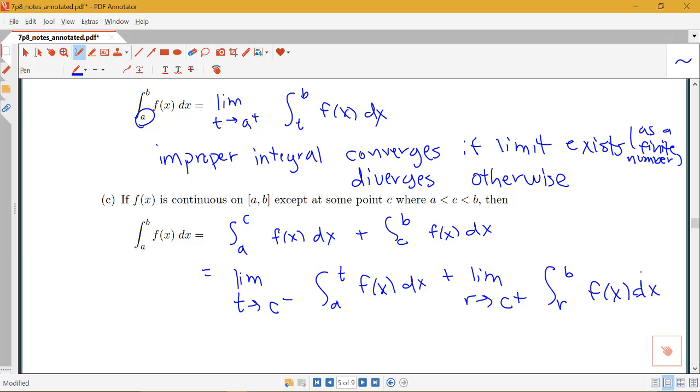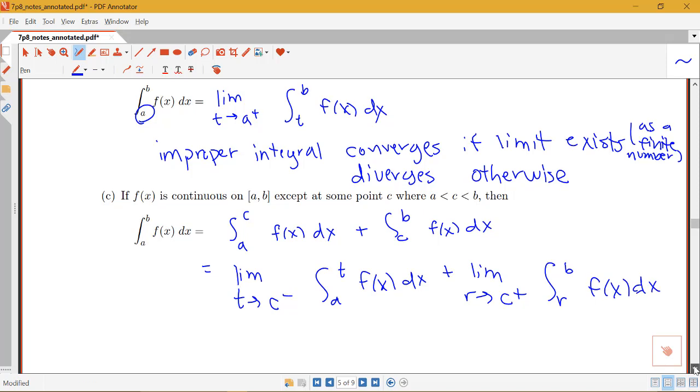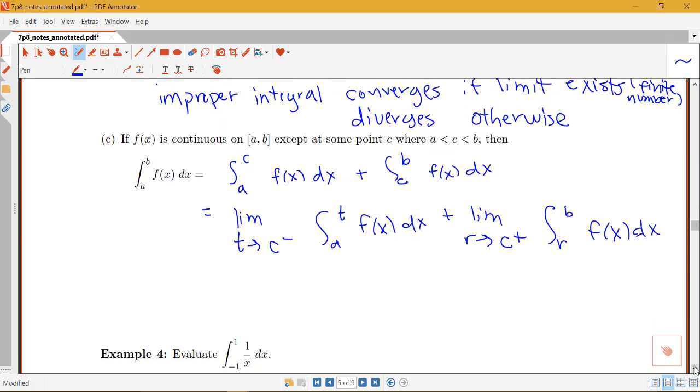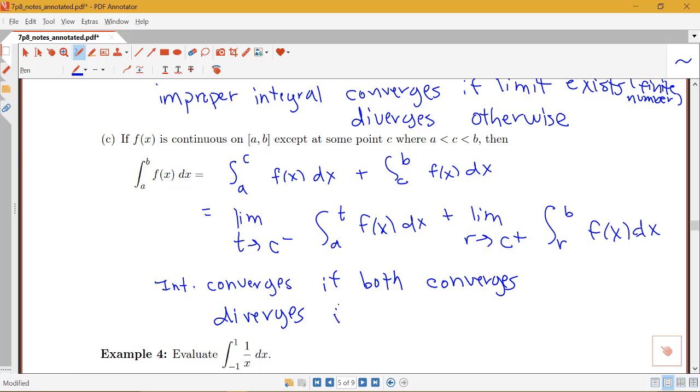Okay, and then similar to the case where we were looking at a limit between negative infinity and infinity, and we had to break it up into two pieces, we'll say that the integral converges if both of those integrals converge, and it will diverge if at least one of those pieces diverges.